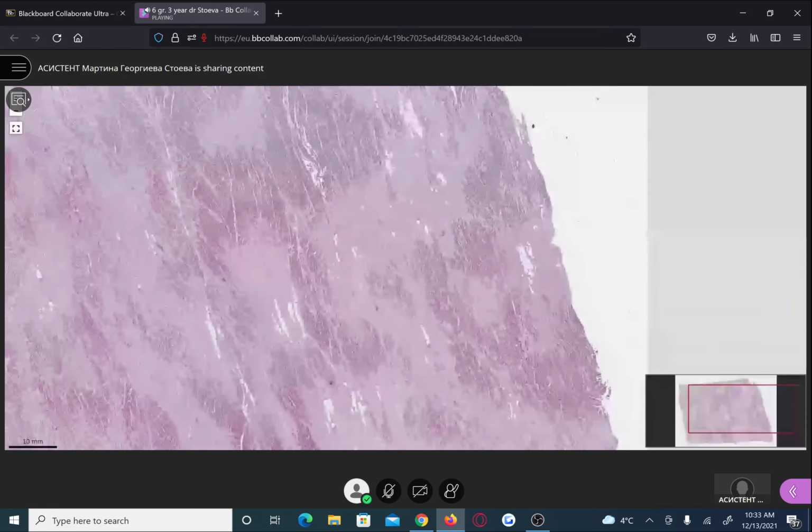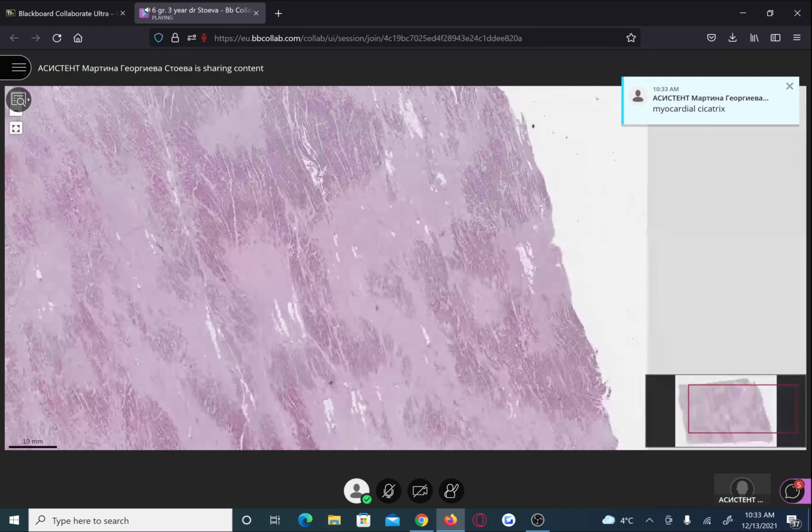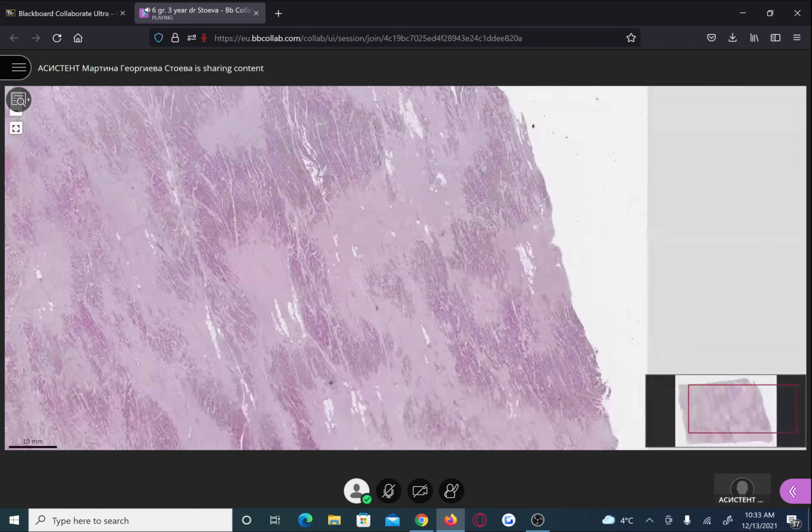Myocardial cicatrix. This is also the name of the slide in your list of specimens.